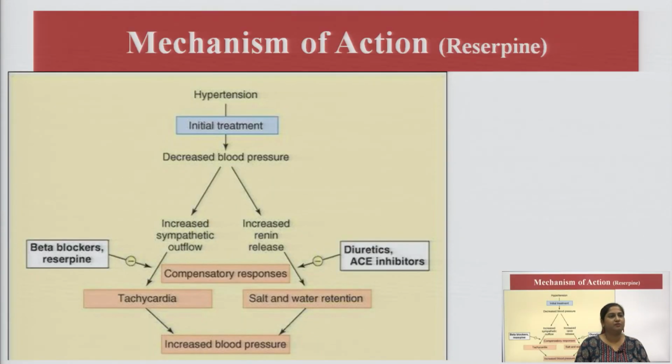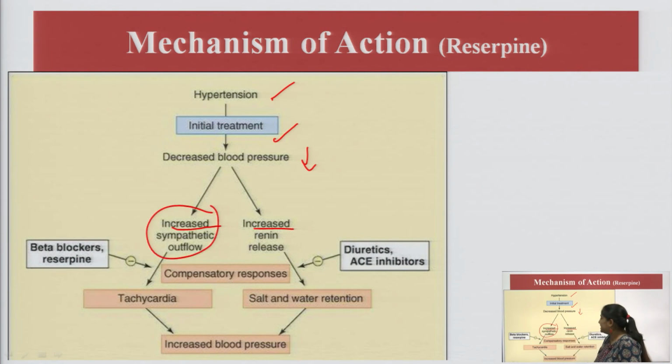This is the mechanism of action of Reserpine. We have already discussed the general mechanism of hypertension. In hypertension, after the initial treatment comes the decrease in blood pressure, which ultimately divides into two parts: increased sympathetic outflow and increased renin release.